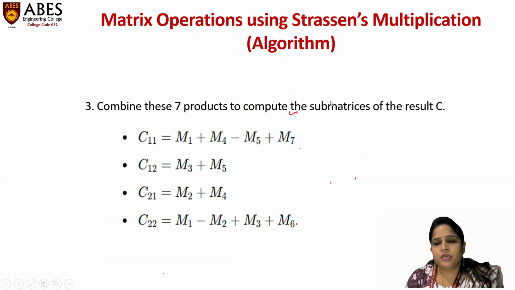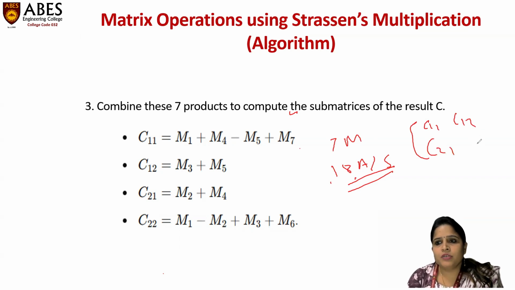So if you can see these equations carefully, according to Strassen's divide and conquer matrix operations approach, Strassen will use 7 multiplication operations and 18 additions or subtractions. So Strassen will combine these 7 products to compute the submatrices of C, that is C11, C12, C21 and C22. This is our final product matrix. And to generate this product matrix, Strassen uses 7 multiplication operations and 18 addition or subtraction operations.